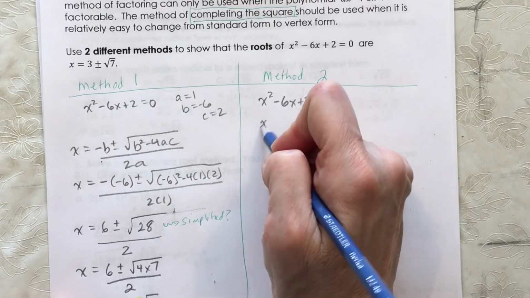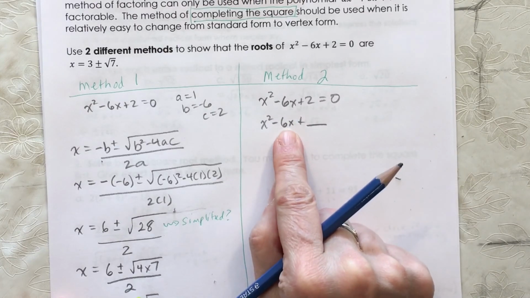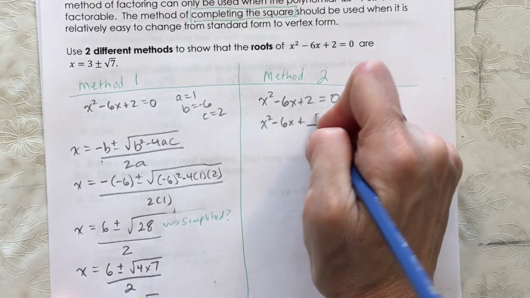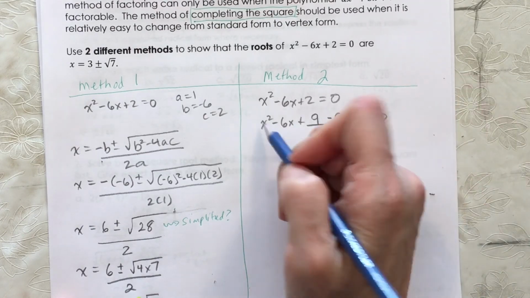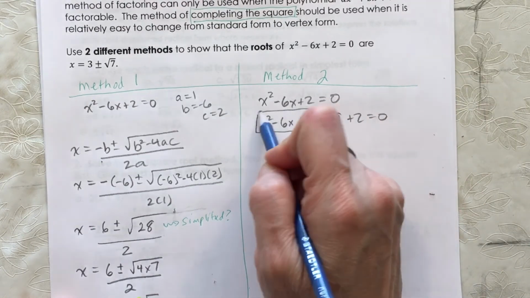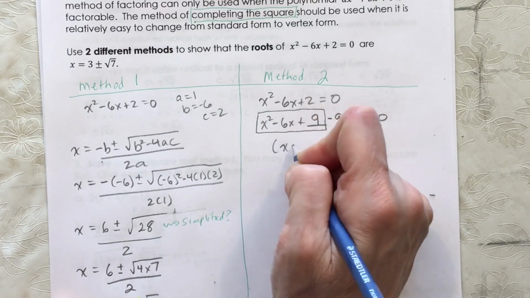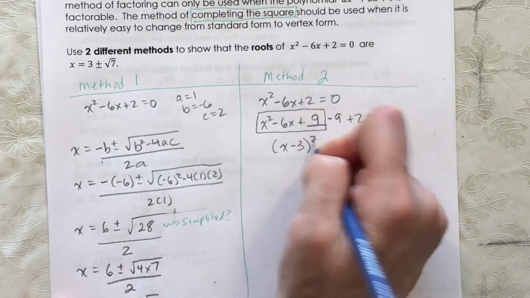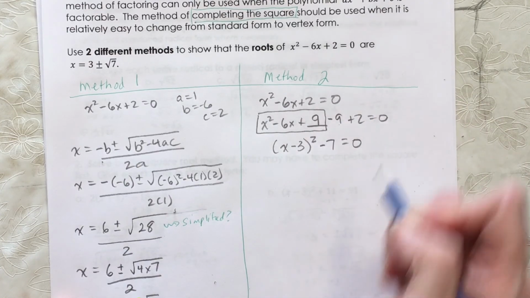So if I'm going to do that, I'm taking half of 6, which is 3, squaring it, that's 9, add 9, subtract 9, add 2 equals 0. Here's my perfect square trinomial, which factors to give me x minus 3 squared. Minus 9 plus 2 is minus 7.